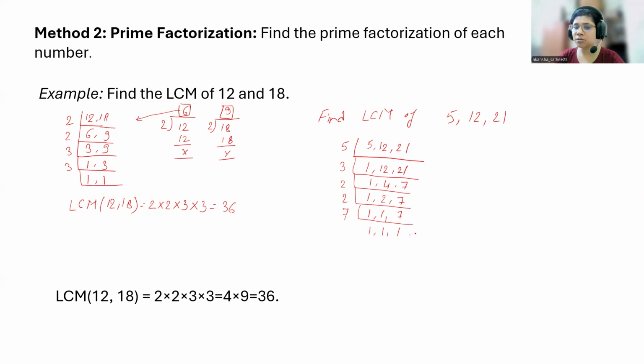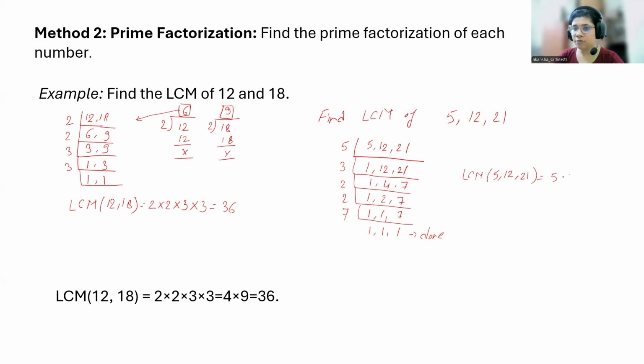All 1 means done. You have to keep on doing this process until you have all ones. So LCM of 5, 12 and 21 is equal to multiplying all these numbers.